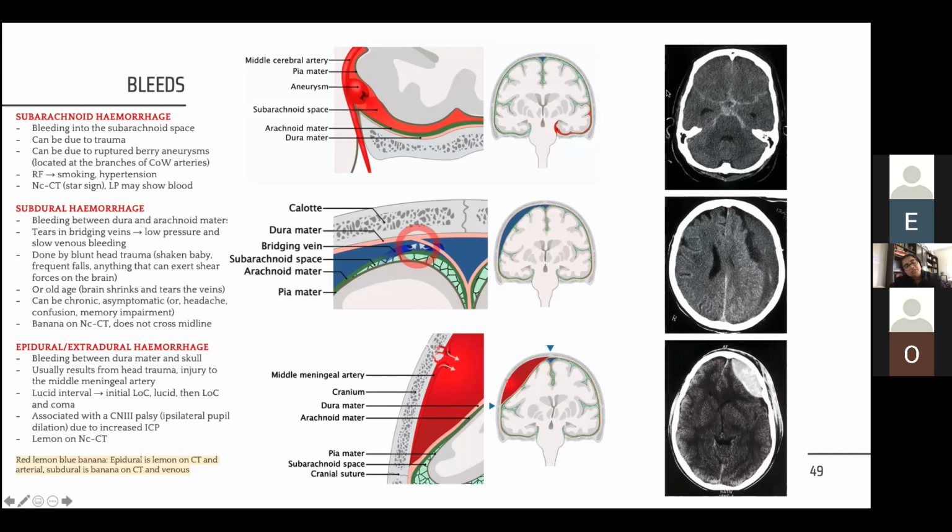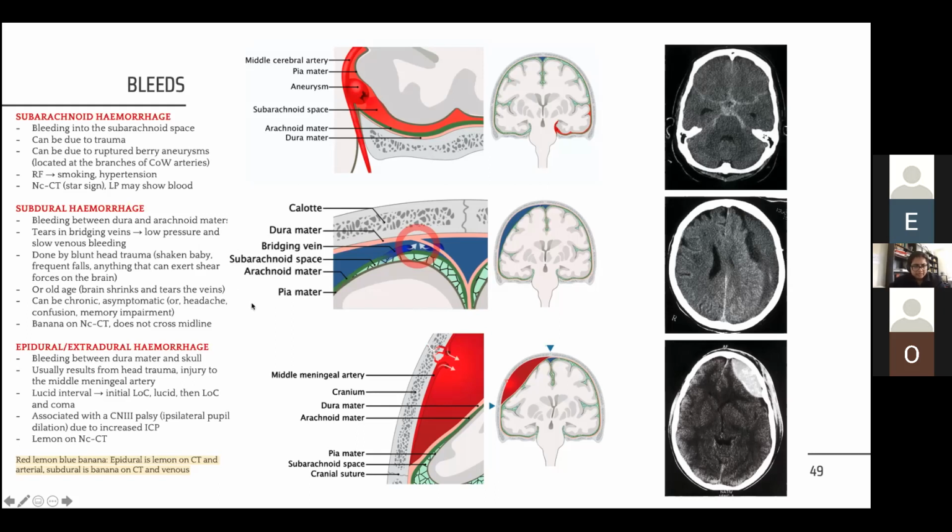Because the subarachnoid space also contains CSF, the blood can track down your spine into the CSF there. So if you do a lumbar puncture, that might also show blood, which, if the subarachnoid hemorrhage is too small to see on a non-contrast CT, you might notice blood on a lumbar puncture.